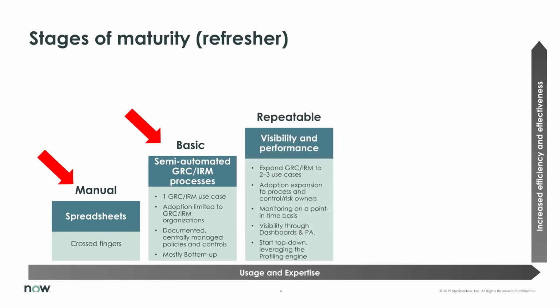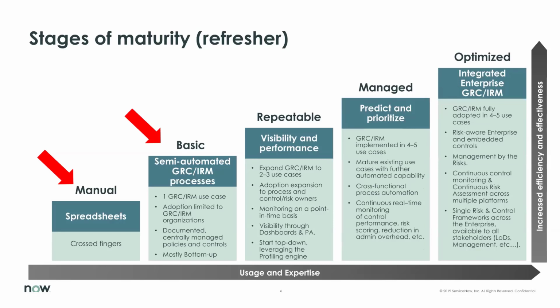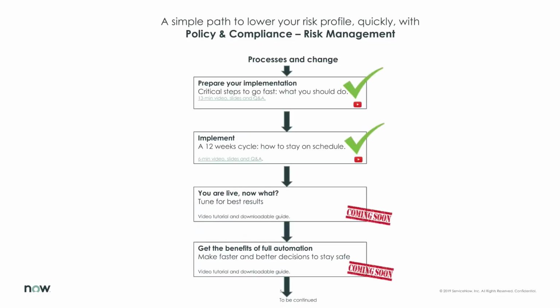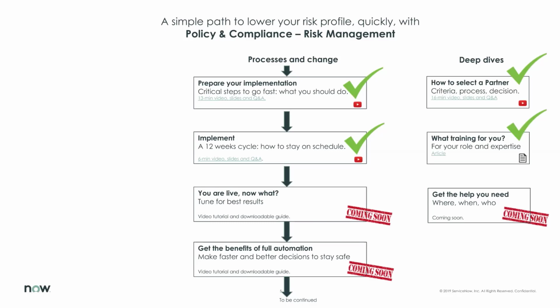We'll soon have more tutorials for our more advanced customers. You will also remember that these first steps to maturity level number 1 are structured in a knowledge framework that we put together for our new customers. At the beginning and in the center of it all, you will find the tutorials that cover all you need to know regarding process and change management, with some important deep dives showing here on the right side.